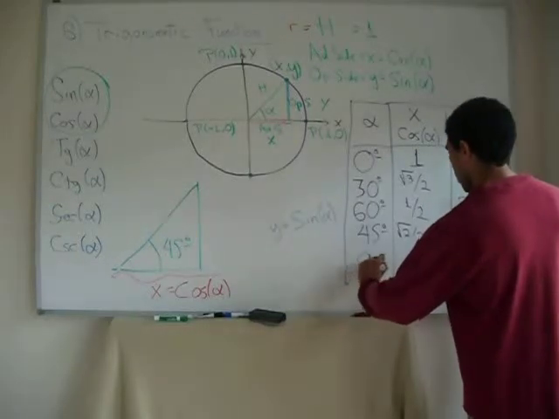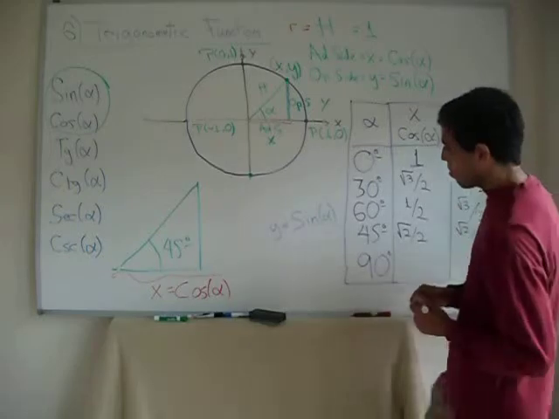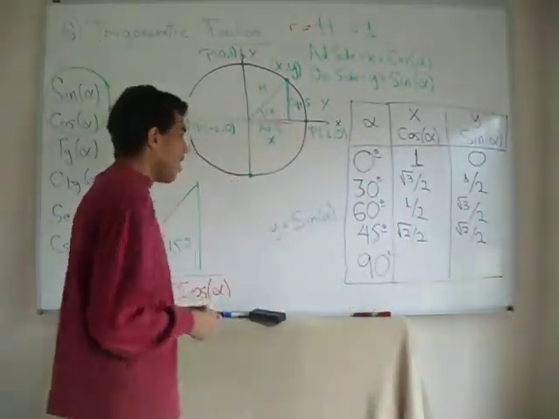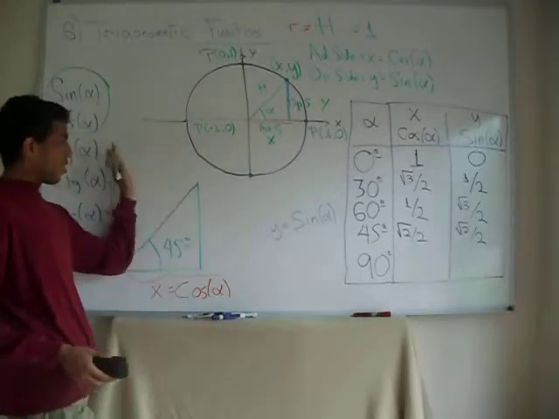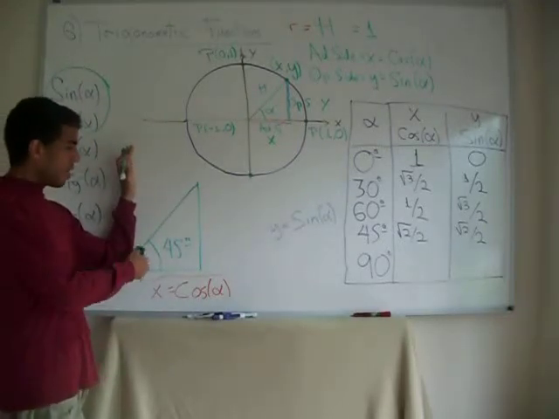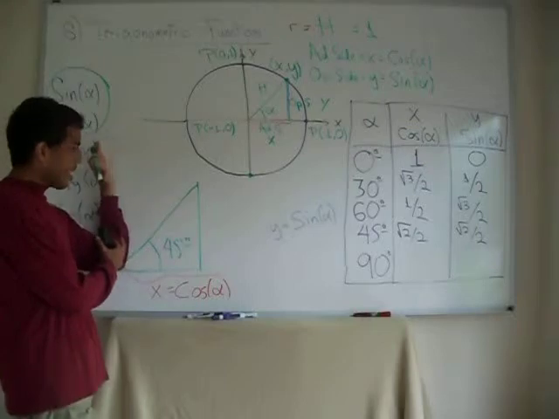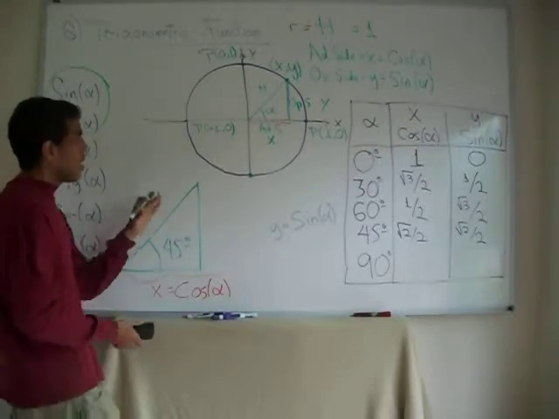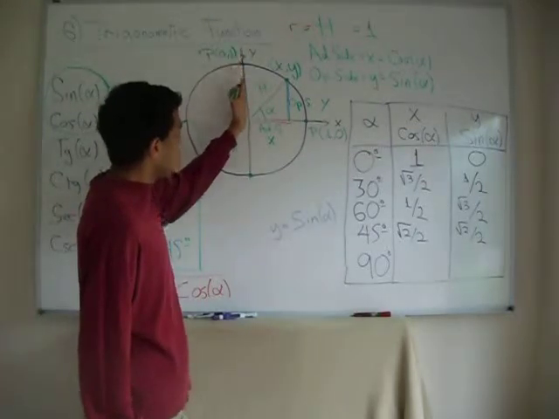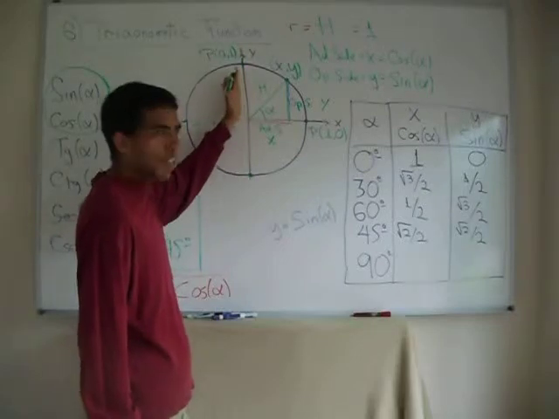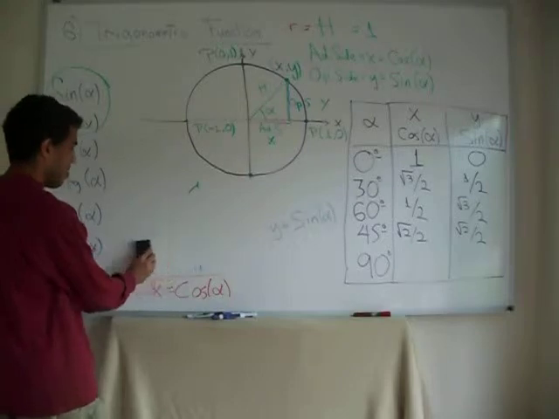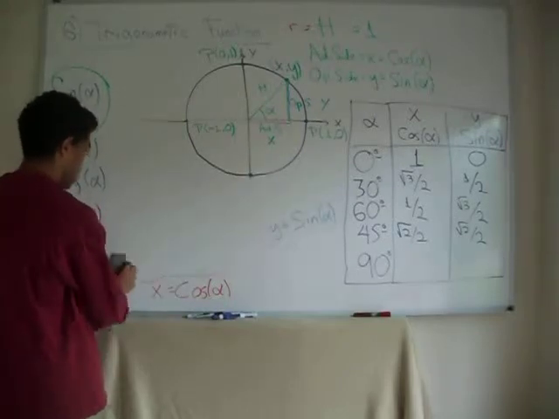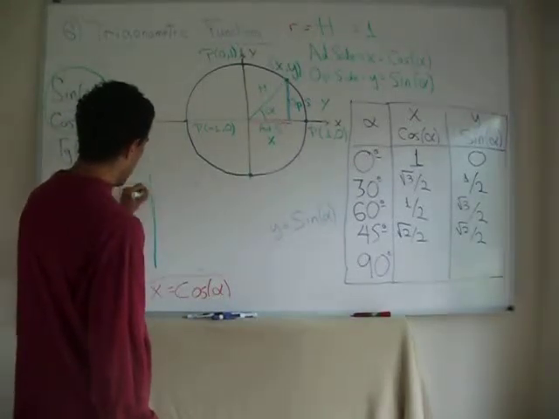Finally, 90 degrees. What happens if alpha is 90 degrees? Well, then h is all the way here. It's vertical. There is no x. If alpha is 90 degrees, then x has disappeared. H is going to be across the y-axis, just a straight vertical line. Boom.